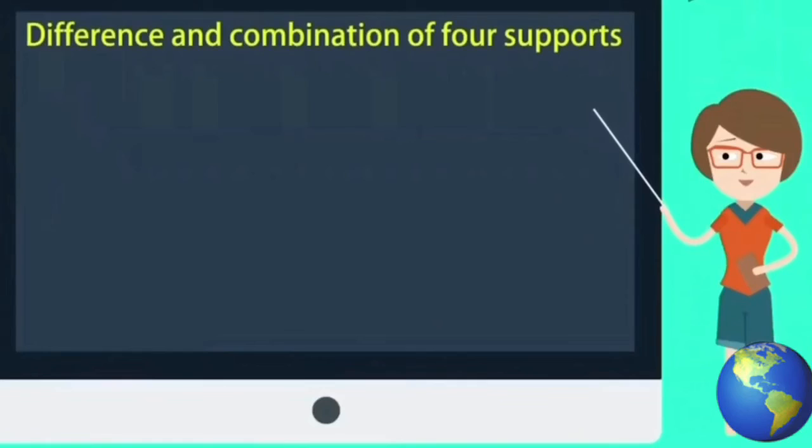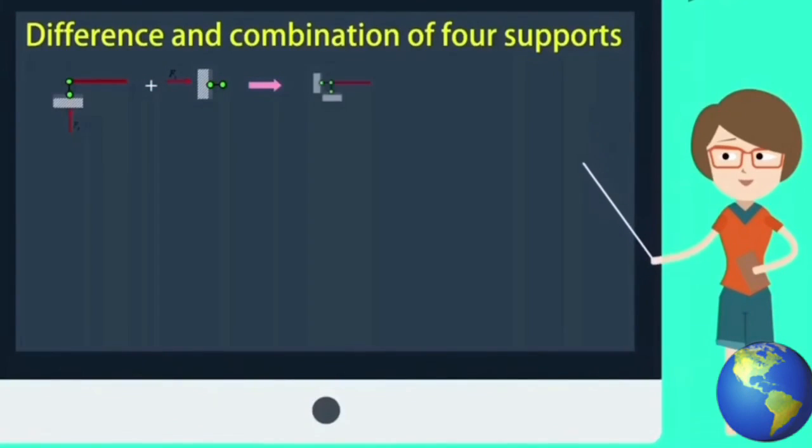Difference and combination of 4 supports. A vertical roller support plus a horizontal roller support is equivalent to a hinged support. We could use such a computing model or this model to represent it. There are 2 reactions.